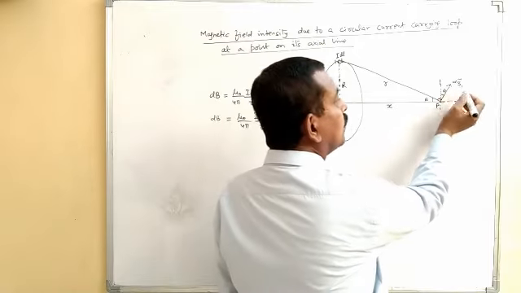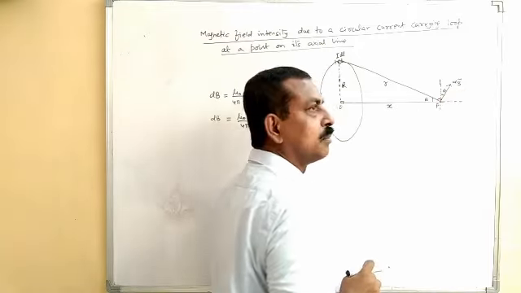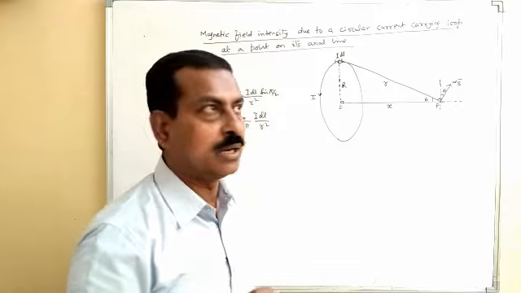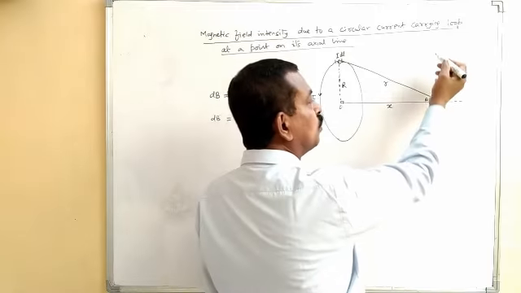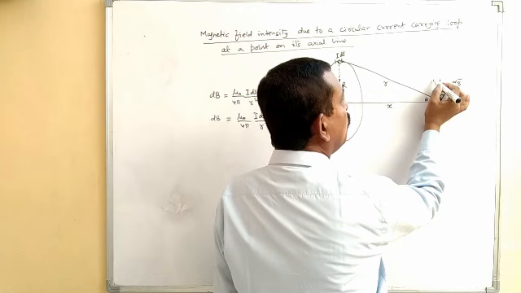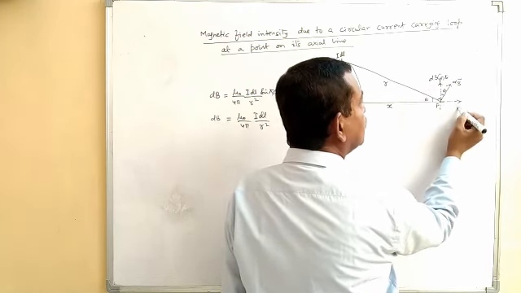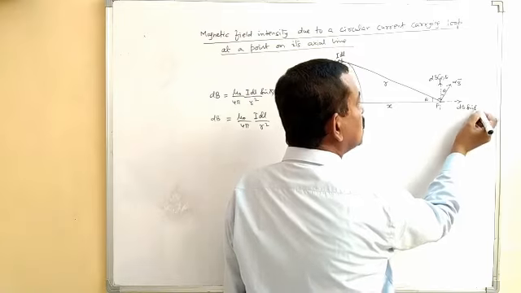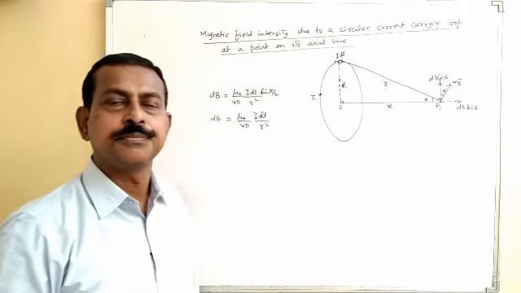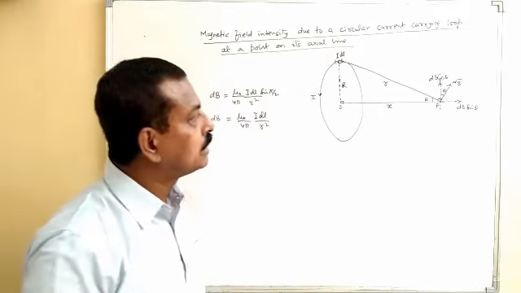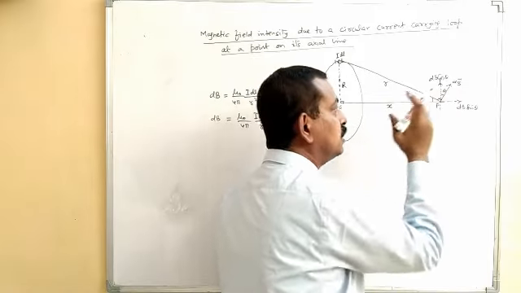If this dB, the magnetic field due to the current element, makes an angle theta with the perpendicular direction, the component in the perpendicular direction will be dB cos theta, and along the axis it will be dB sin theta.